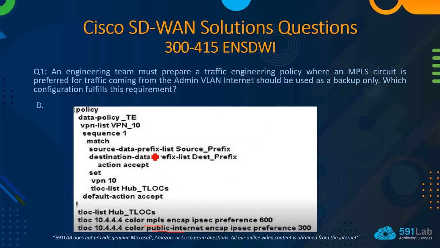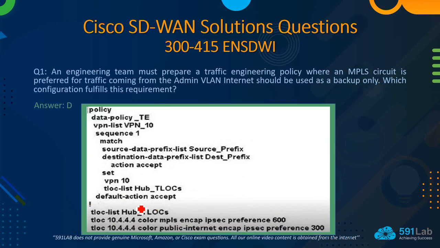And now let's move to the policy and read it. Okay, we have VPN list VPN 10, sequence 1 with the source and the destination. Let's see here. We have here the service VPN 10, which is correct. So for the preference is correct, and for the VPN itself is correct. So the correct answer should be D.